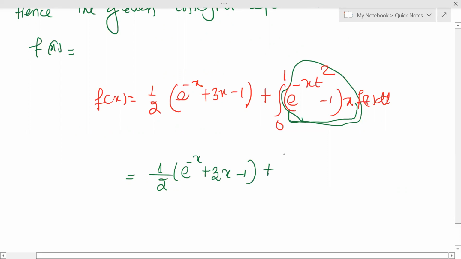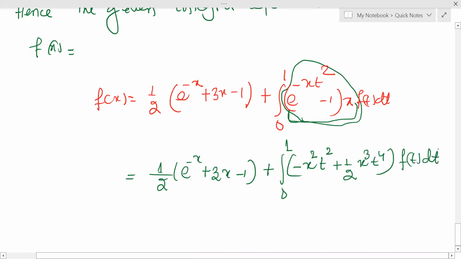plus integration 0 to 1, minus x square t square plus 1/2 x cube t^4, whole into function f of t dt.